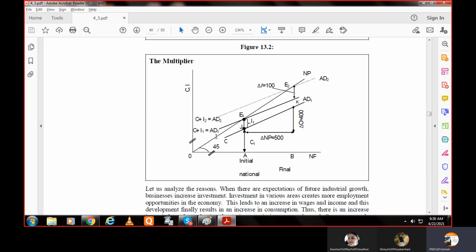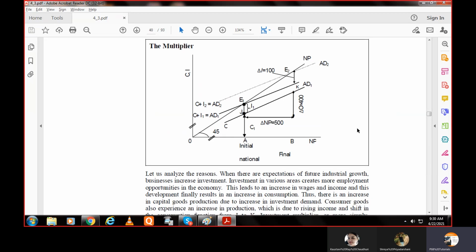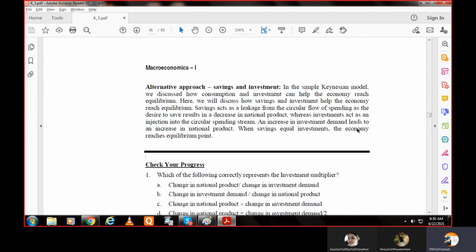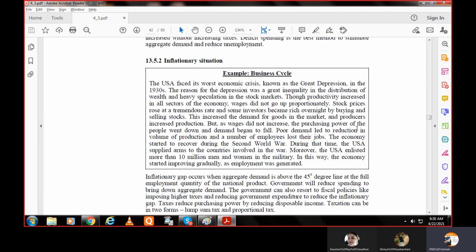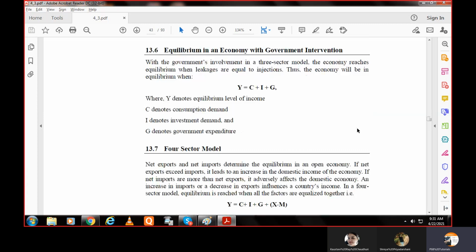See over here AD1, that is consumption plus investment, then AD2, that is consumption plus investment, then how the national product is increasing, and then decreasing. Everything has been given in the same diagram, so it can be very confusing. Economy with government, inflationary and recessionary situation.